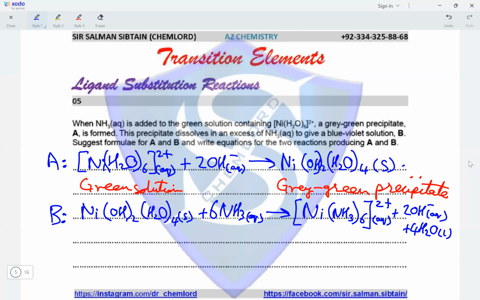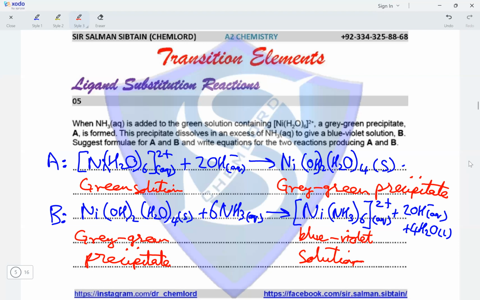So the color changes would be from gray-green precipitate to a blue-violet solution.